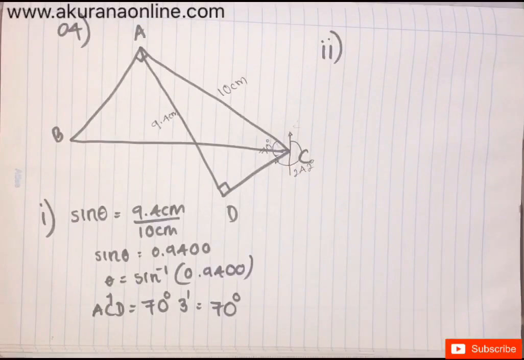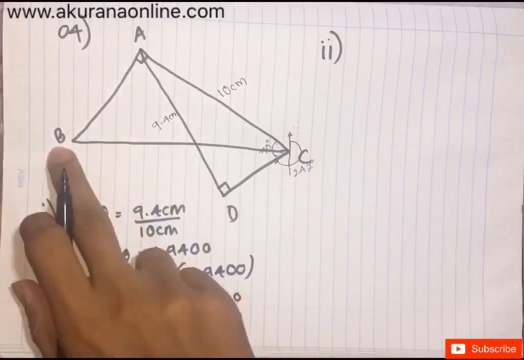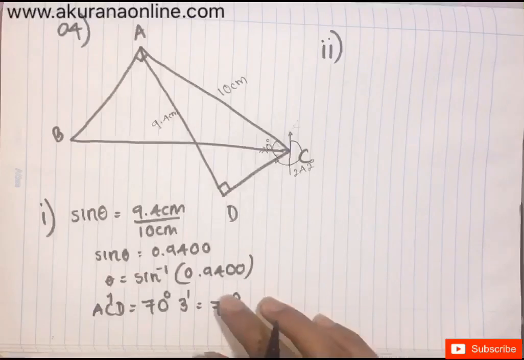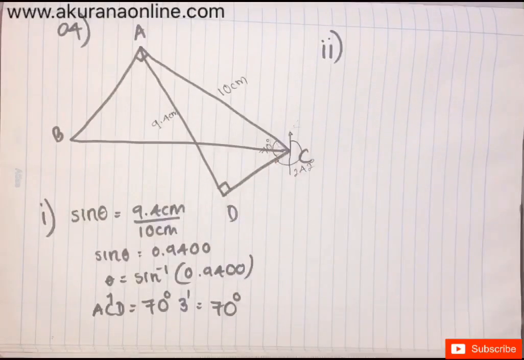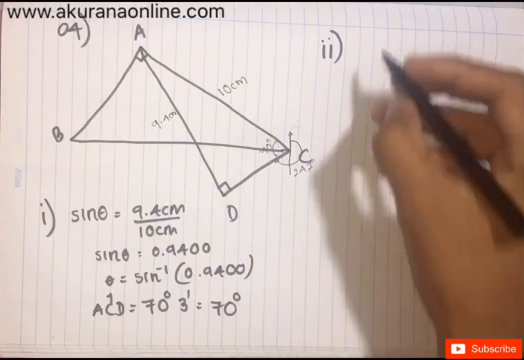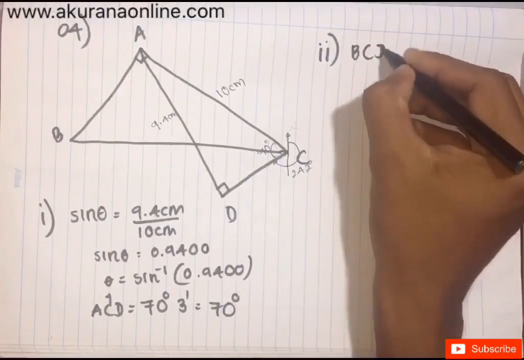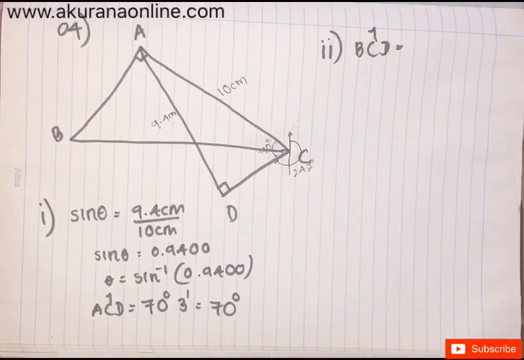Okay, the second part. Find the magnitudes of BCD. You have to find this C angle. How do you find BCD? How should you find it now? Now you can do it this way.